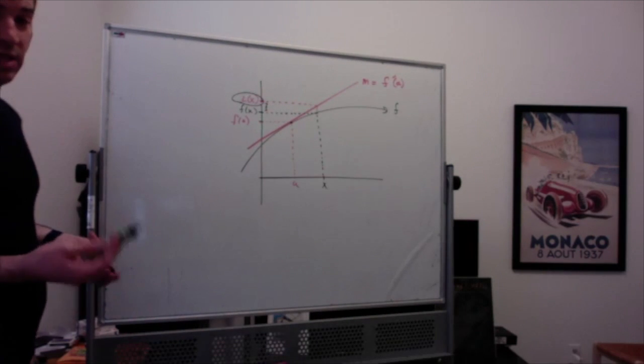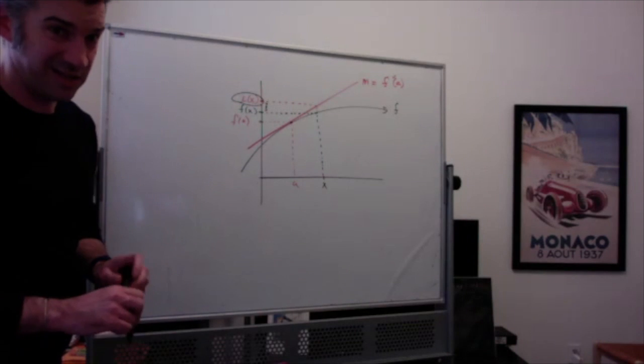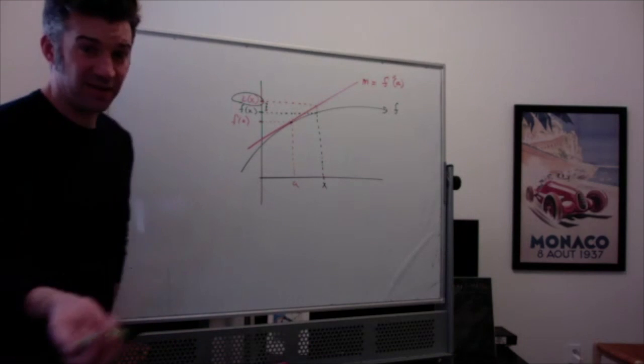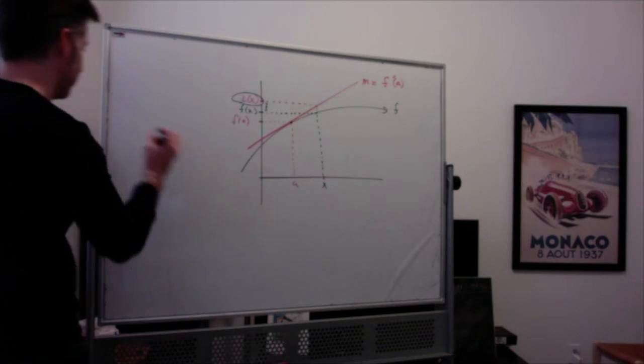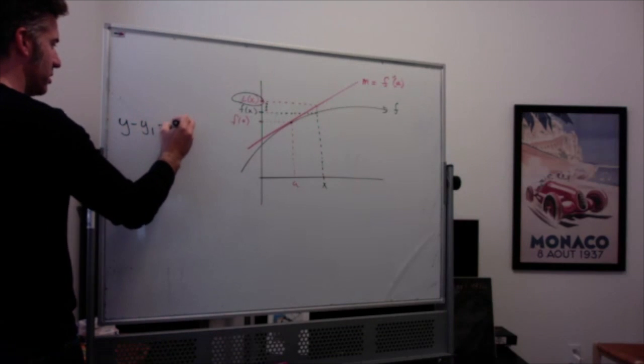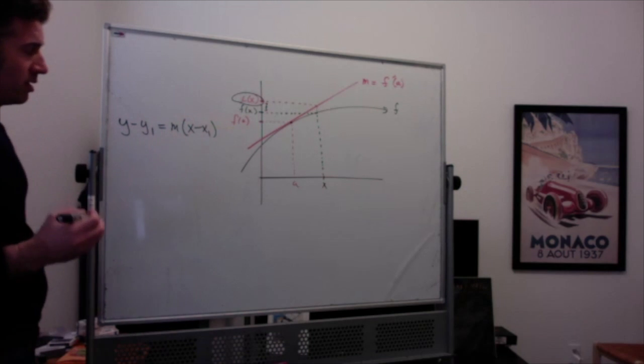So the function is f, or f of x, if you want to call it that. And here's how we find the equation of the tangent line. Here's how we find the equation of a line through a point. Point slope form: y minus y1 equals the slope times x minus x1.